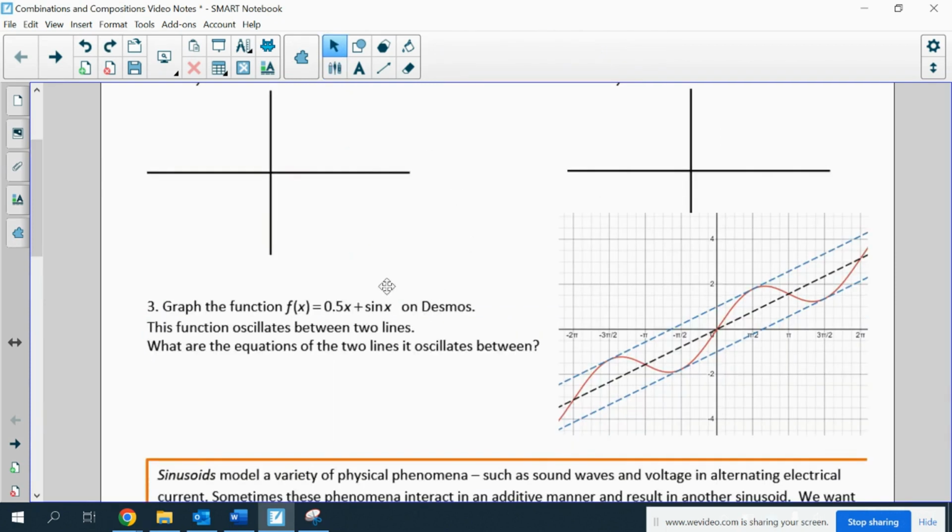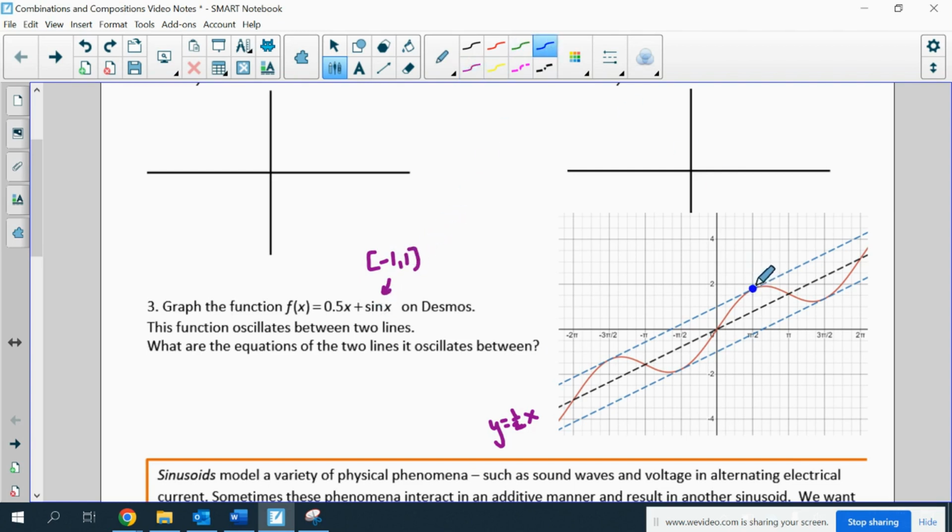The next question is, what kinds of lines does it oscillate in between? And so if we think about what that is, this is the line y equals 1/2 x. What might happen? Well, sine of x is bounded between -1 and 1. So when sine of x is at its biggest, like at pi over 2 and at -3 pi over 2, this would be the line y equals 1/2 x plus 1.